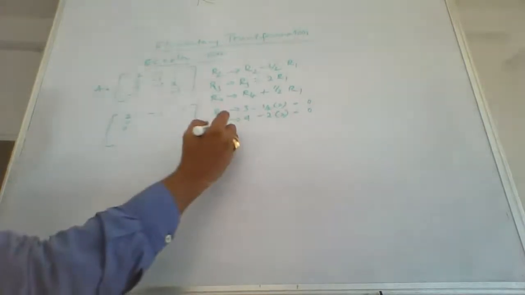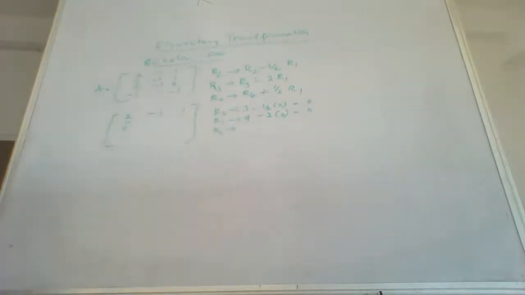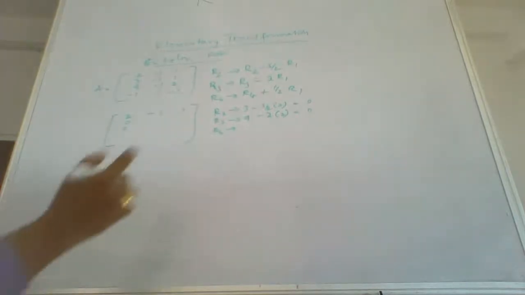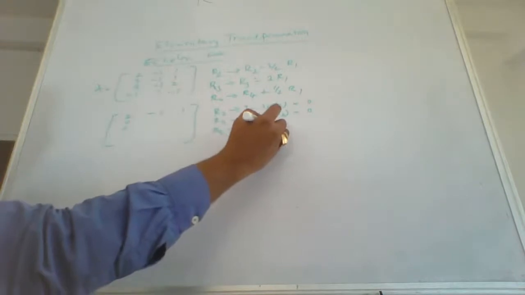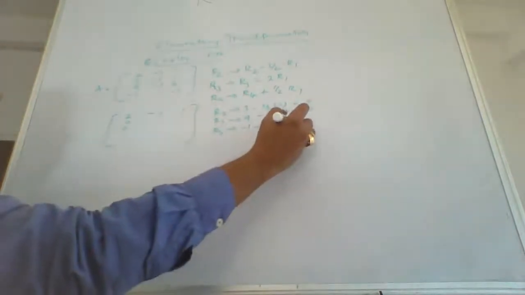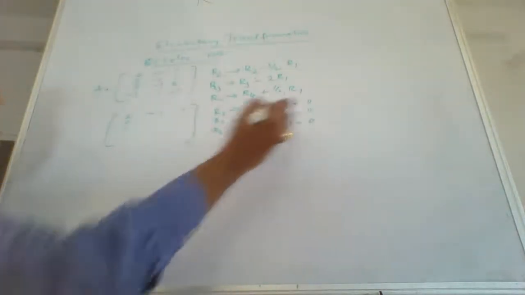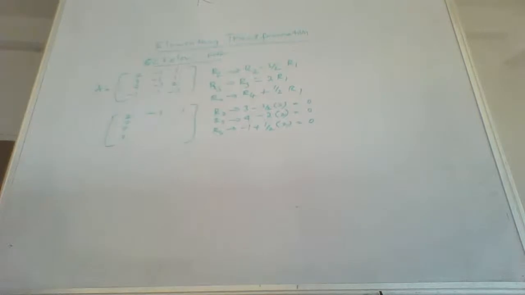Let me move on to R4. R4 being minus 1, and this is plus 1 by 2, R1 being 2. So 2 into minus 1 and plus 1 results in 0. So R4 is 0. I hope you understood this.